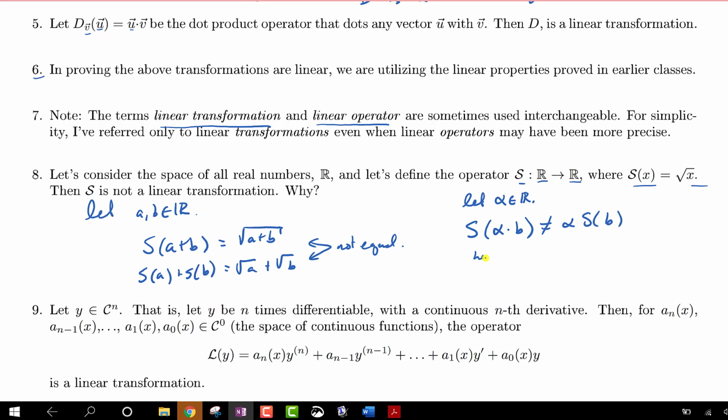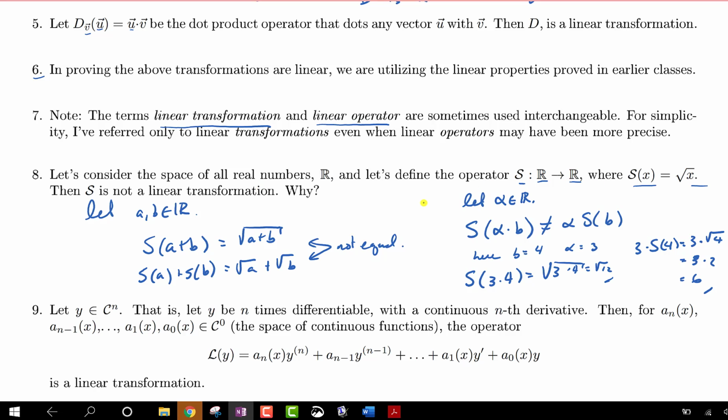Well, if b is say 4 and alpha is 3, then S of 3 times 4 would be the square root of 3 times 4, which is equal to the square root of 12. But 3 times S of 4 would be 3 times the square root of 4, which is 3 times 2, or 6, and these two quantities are not equal.